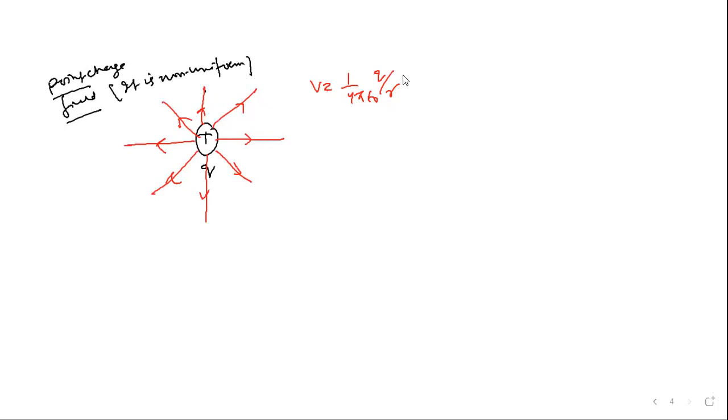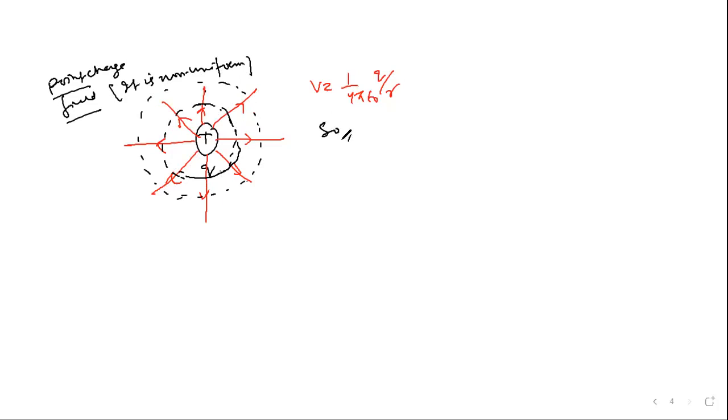So equipotential surfaces will be roughly like this, and you can construct another one. Remember, these are actually spheres centered on the charge, and this diagram shows cross section of those.